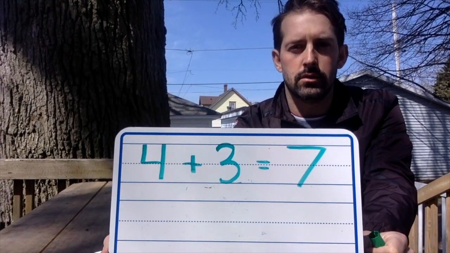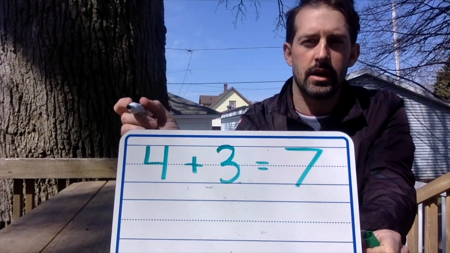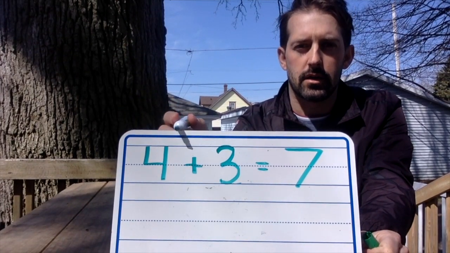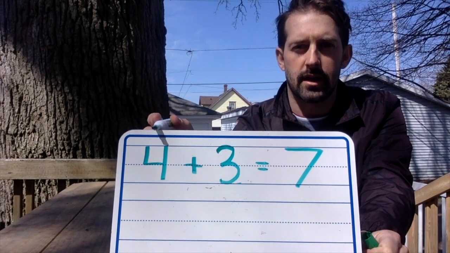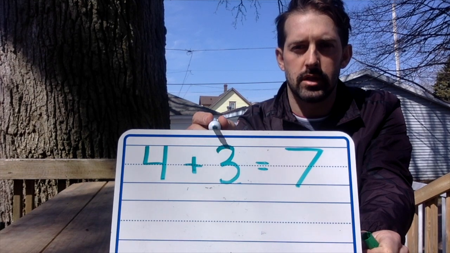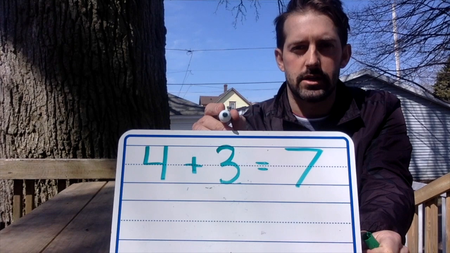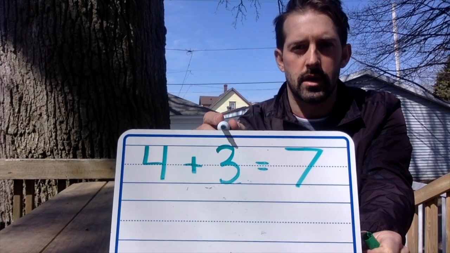I changed the 2 to a 3, and now I know that the equation on this side, 4 plus 3, is the same as 7. I changed only one number.